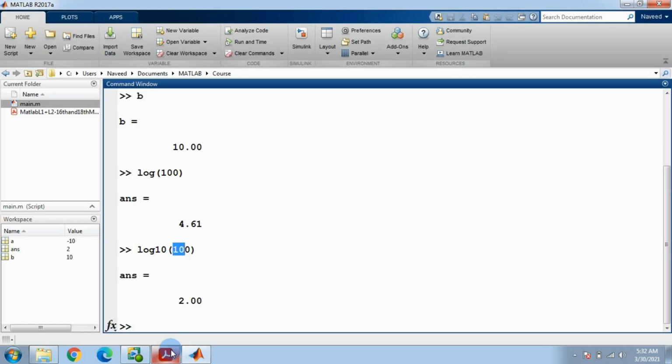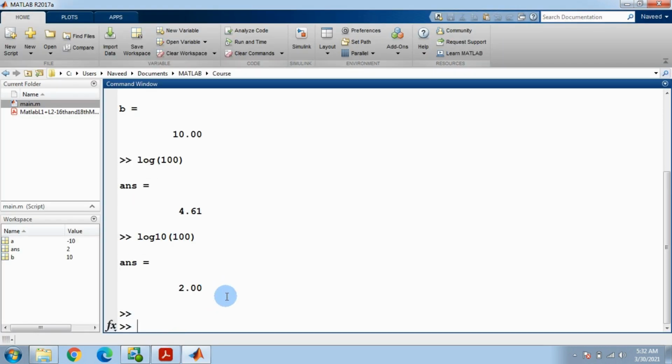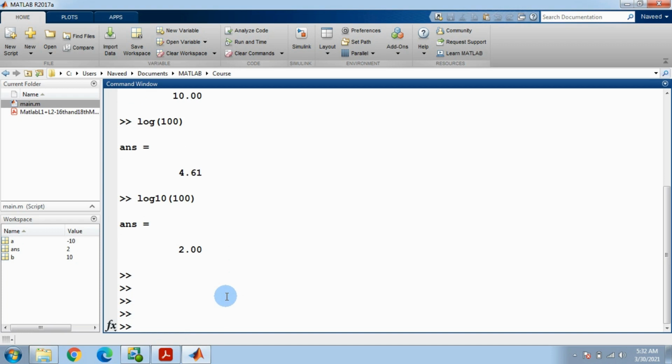The factorial function takes the factorial of a number. So we know what a factorial is. So if I take the factorial of 4, factorial 4 will return us 24, because 4 times 3 times 2 times 1 is 24.